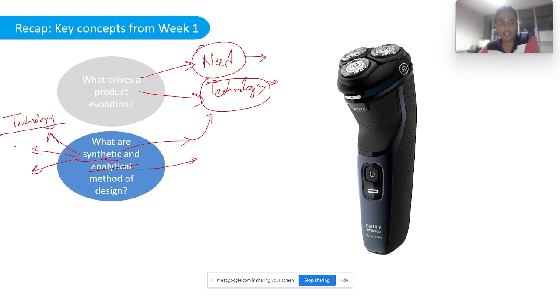There can be a perspective from market driven. There can also be a perspective from resource driven. That means these are the factors which determine the product evolution. For example, currently there is an ongoing war between Russia and Ukraine.